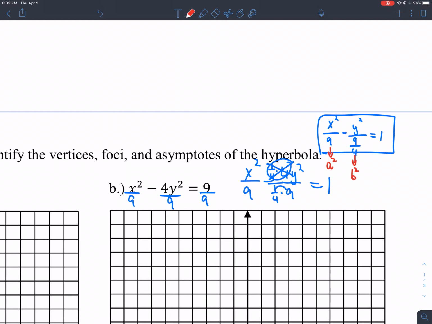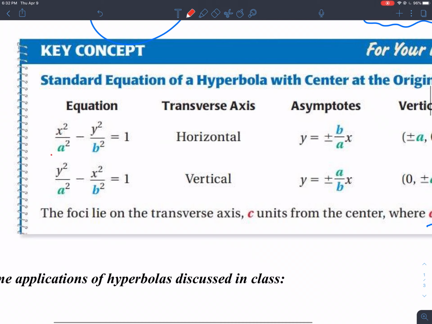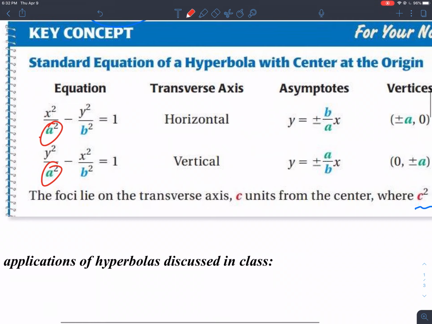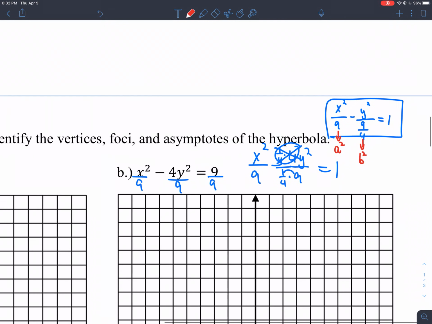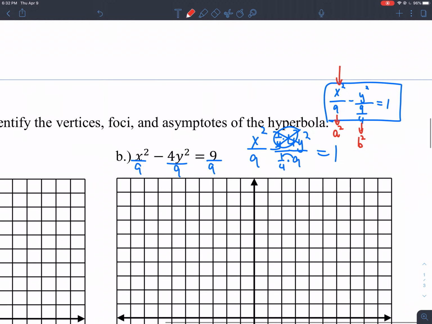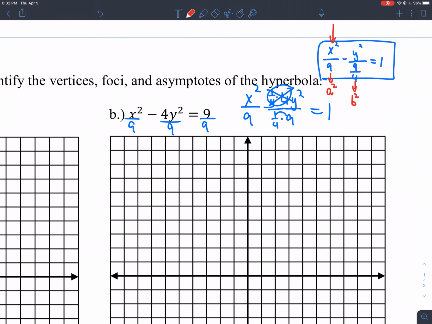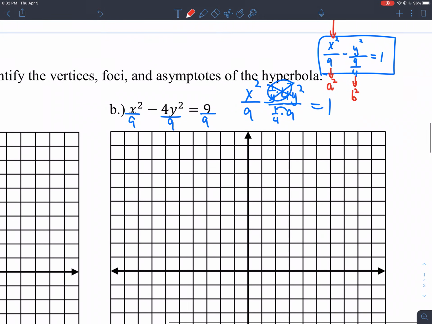Remember, a squared is always the denominator of the first fraction in front of the minus, and b squared is always the denominator of the second fraction after the minus, and the variable in front of the minus tells me the orientation of the hyperbola. So I know already this hyperbola is going in the x direction. It's a horizontal hyperbola, and the transverse axis will be on the x-axis in this case.